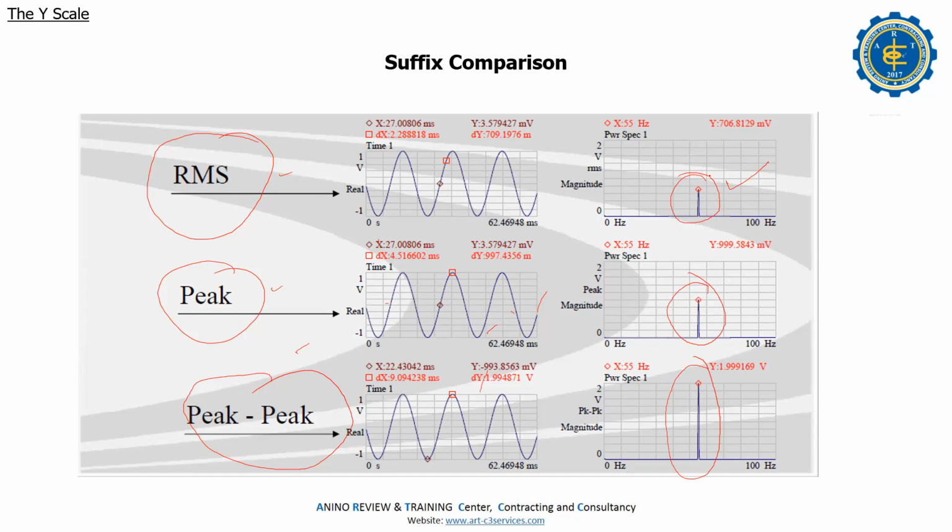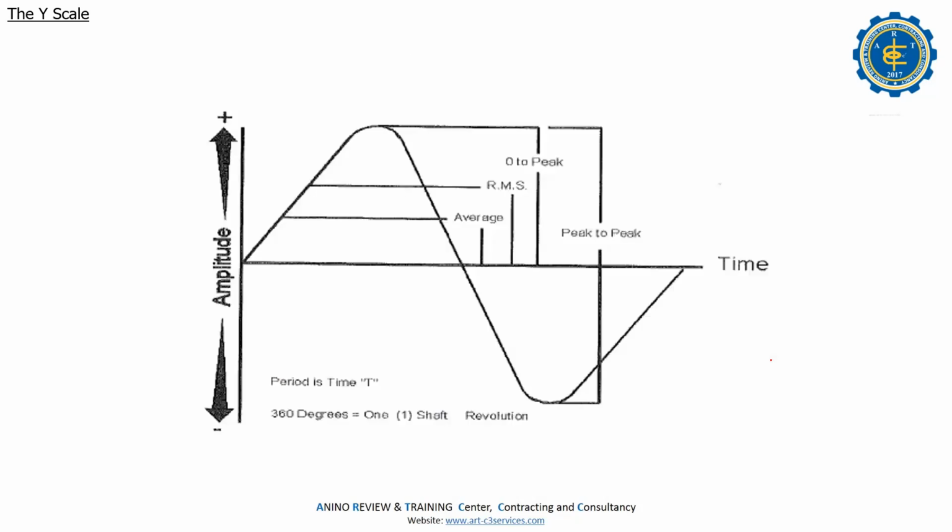But in the displacement, it's good that you have peak to peak. So this one, the sinusoidal. That's the beginning peak to peak. So 360 degrees is one shaft revolution.